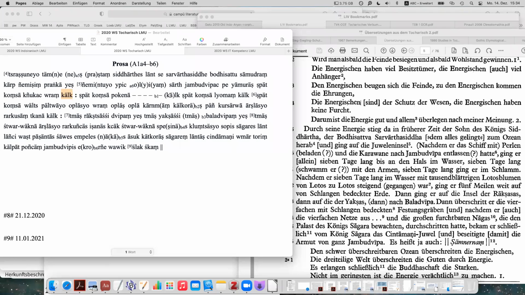So the water probably reaches his arm. Yeah. And then another 7 days, he walked in mud. So liom actually means mud. In German, translated as Schlamm. Okay, so in Schlamm, ging 7 Tage.